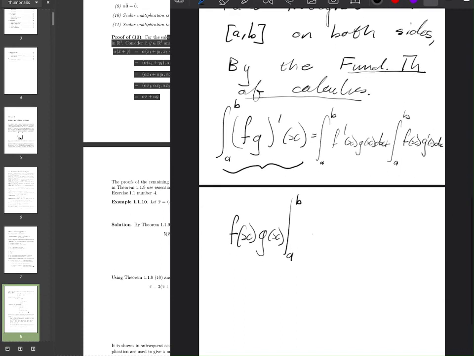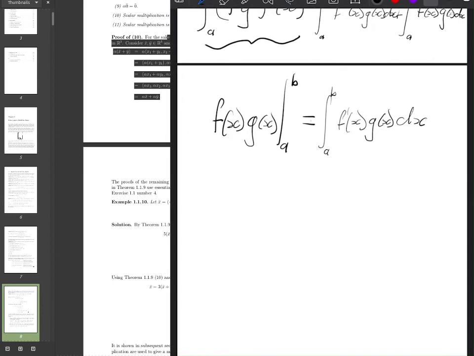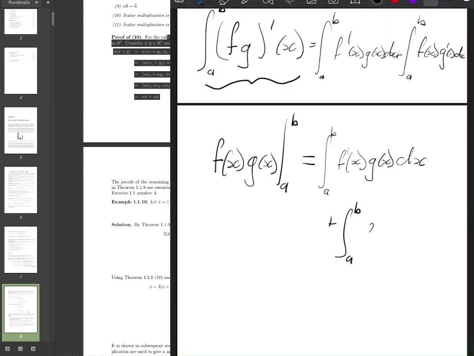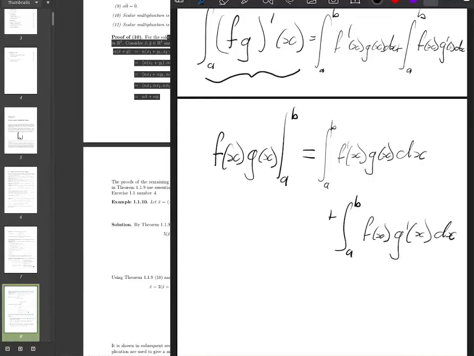And this is then equal to the sum of these two integrals from a to b: f prime of x g of x dx plus the integral from a to b of f of x g prime of x dx. And now we see here, if we slightly rearrange, we get exactly the formula that we had earlier.